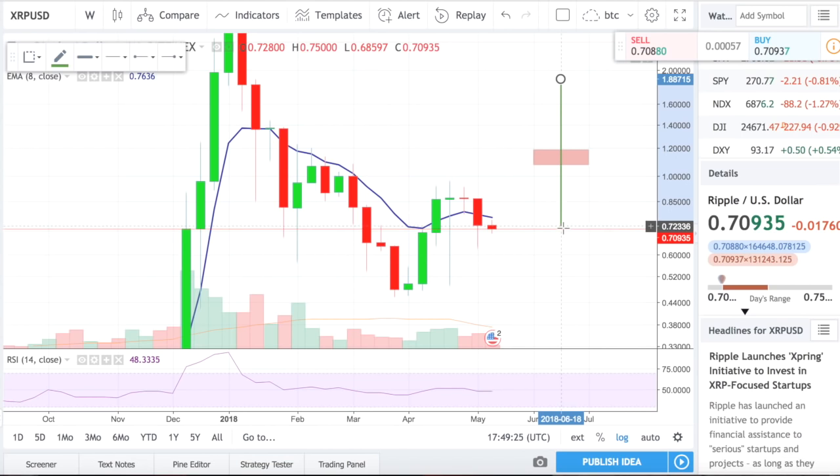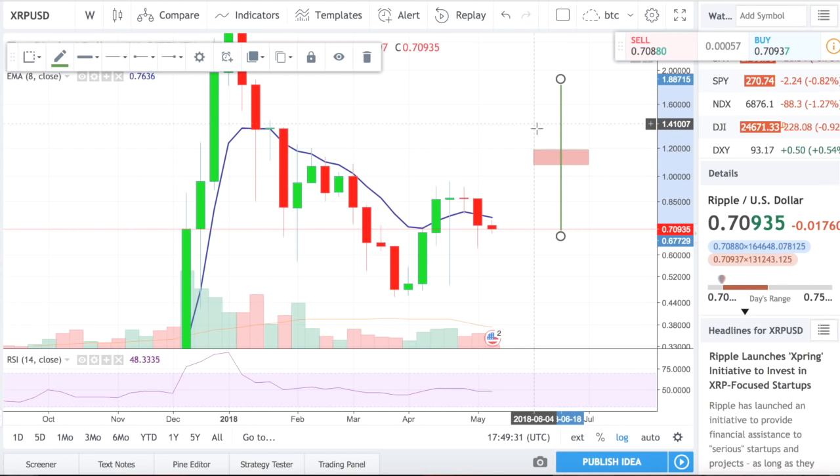It could be either a red or a green. This shows indecision in the market. So guys, sometimes the best decision is to not be in the market at all, or not make any moves, but be prepared. Okay. So this is what I would do if I saw a candle like this one. I would not do anything.